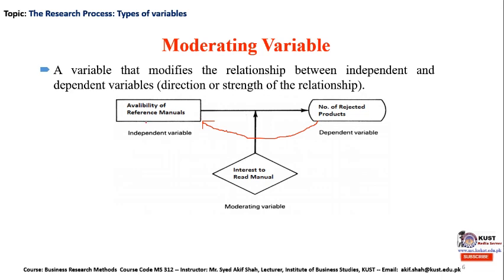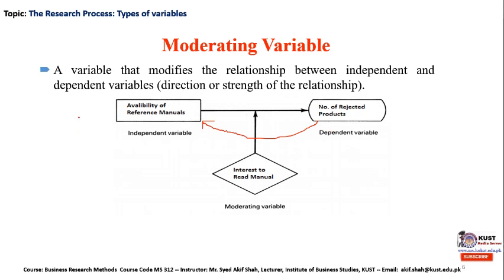So if there is a reference manual placed in the records and shelves of the organization, which may be consulted by the workers before manufacturing, then the theory assumes that the availability of the reference manual may lead to fewer rejected products.